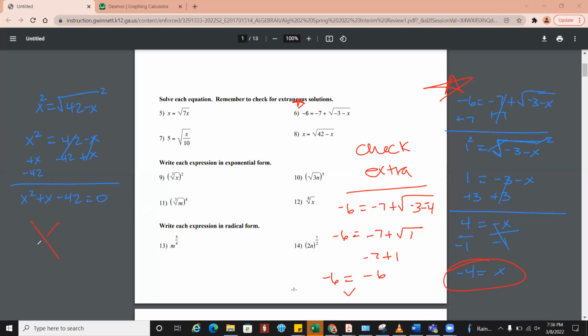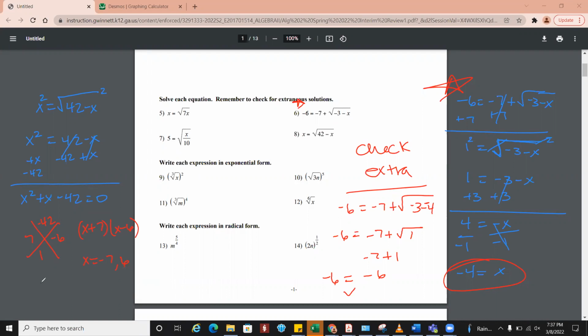So the big X, you got a times c, which is -42, b, which is 1. What two numbers will make that happen? 7 and -6. So this will be x plus 7 times x minus 6. If I solved, I would get x equals -7 and x equals +6.